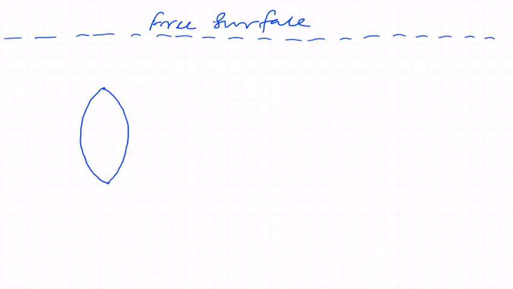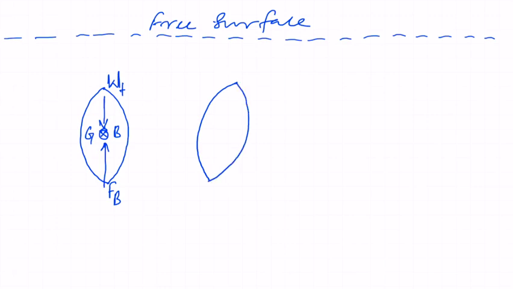We have considered force of buoyancy is either below or above the center of gravity, and in this third case the force of buoyancy is right on the same place as the center of gravity. So buoyant force and force due to the weight, both acting at the same point, one acting upward, one acting downward.